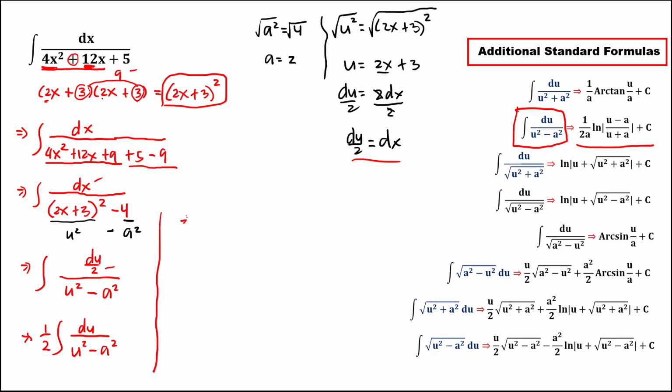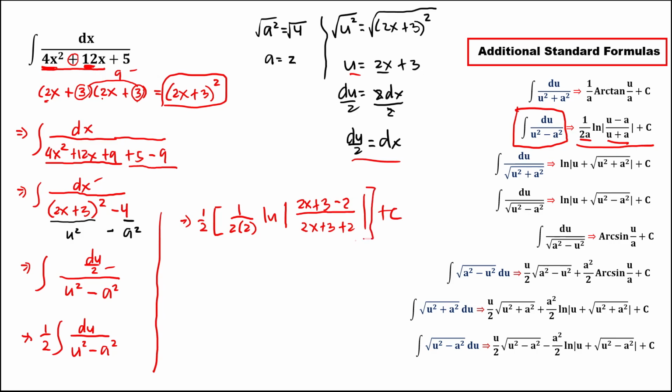So this becomes, we have this 1 half times 1 over 2 times a, which is 2, then times ln the absolute value of u minus a. So u is 2x plus 3 minus a, which is 2, over u plus a. So this one is 2x plus 3, then plus 2, then plus c.